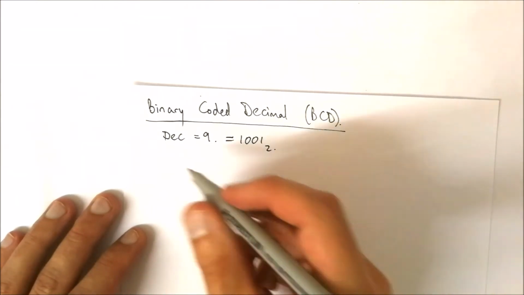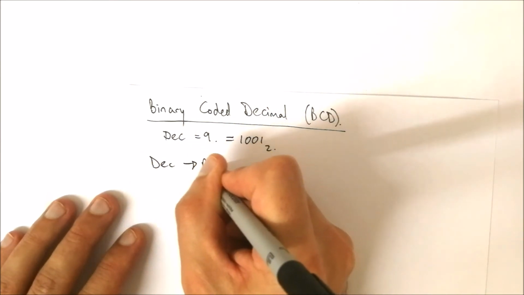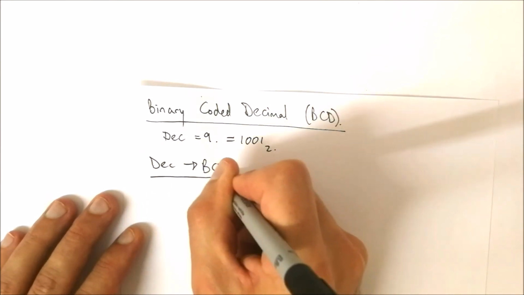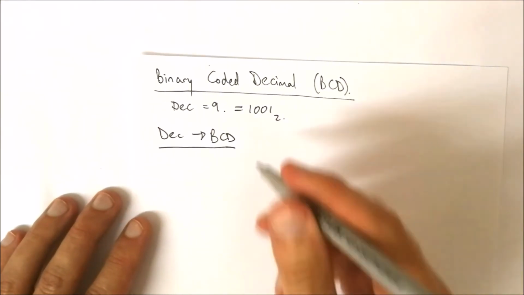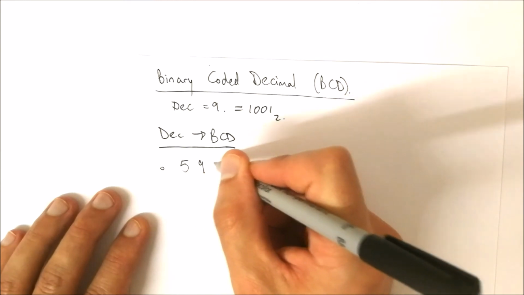Okay, so let's say we want to convert from decimal to BCD. Let's say we've got the number 5923.